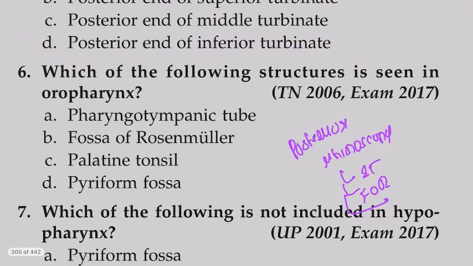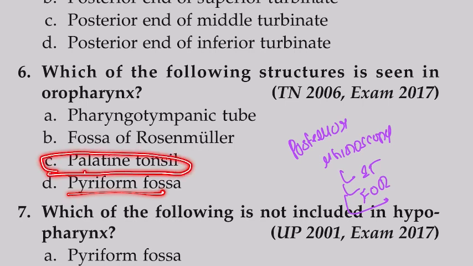Which of the following structures is seen in oropharynx? We have already said piriform fossa is not seen there, right? Palatine tonsil is the structure seen in oropharynx; it lies in the lateral wall of oropharynx.